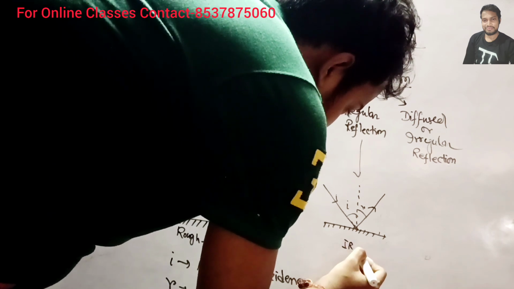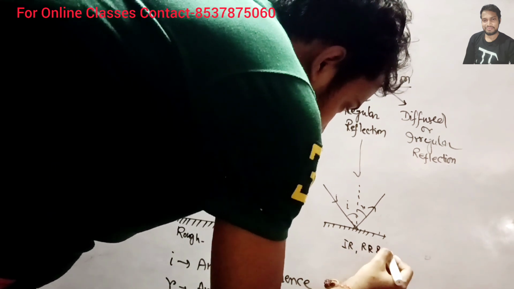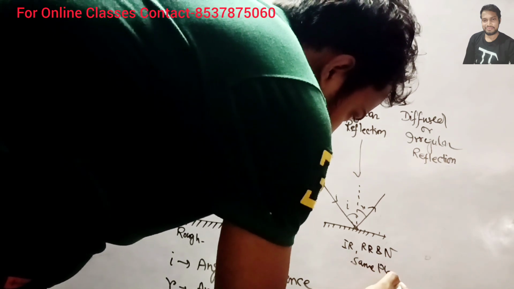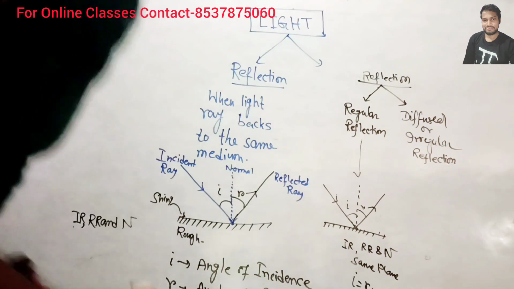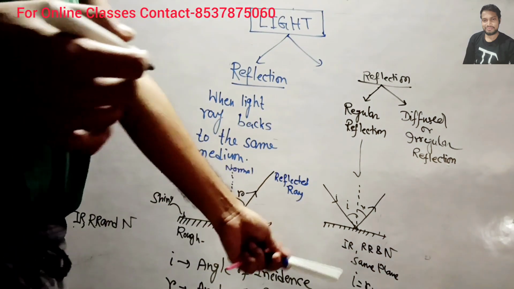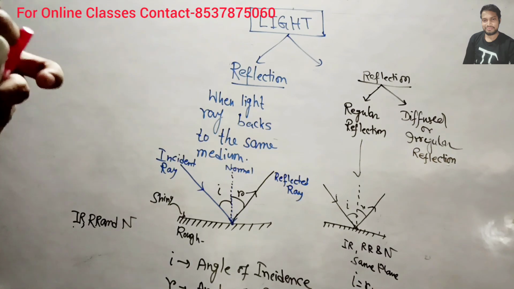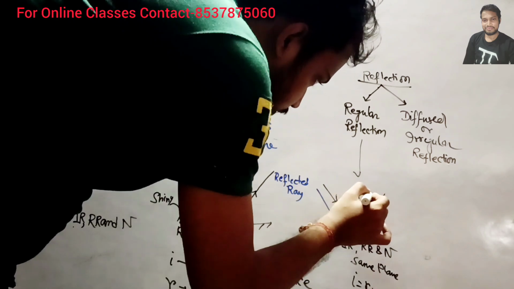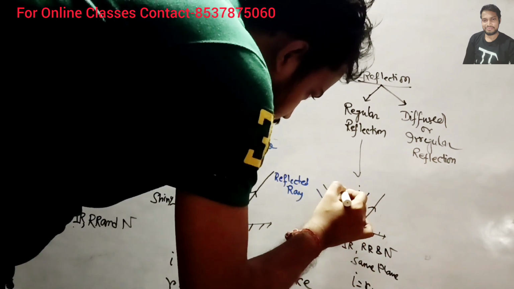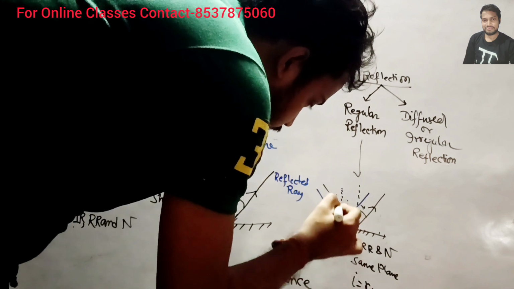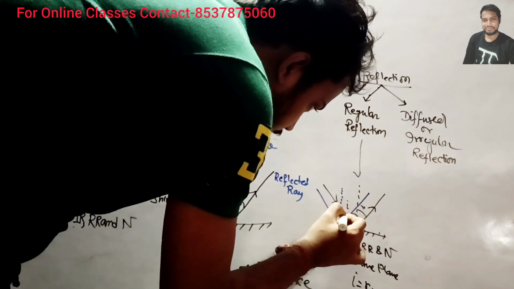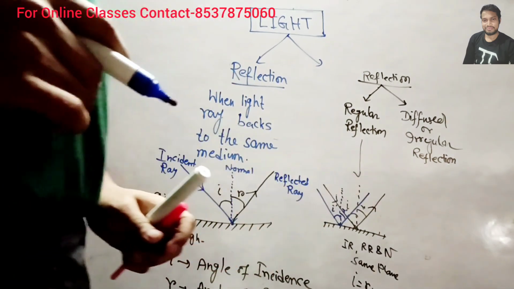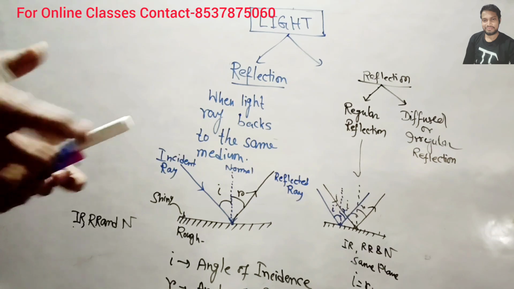If another ray comes like this and goes like this, then I dash and R dash are the same too. So it is regular reflection because it obeys the laws of reflection.